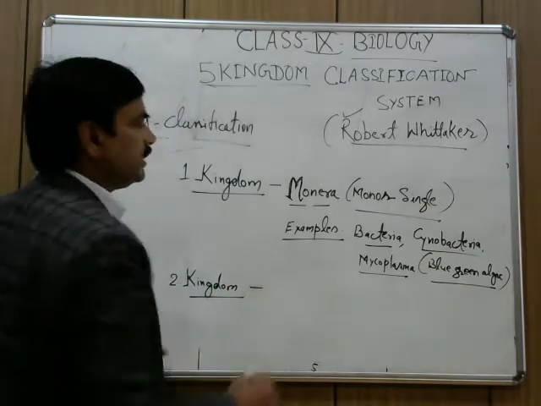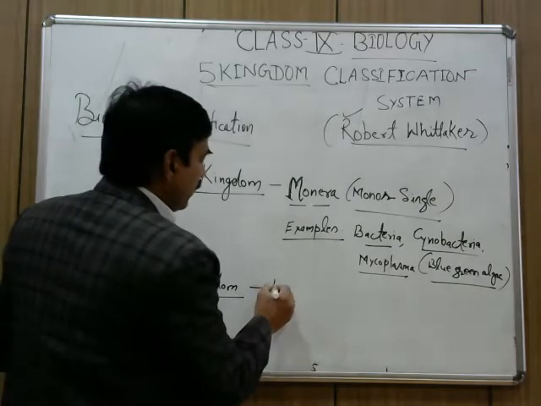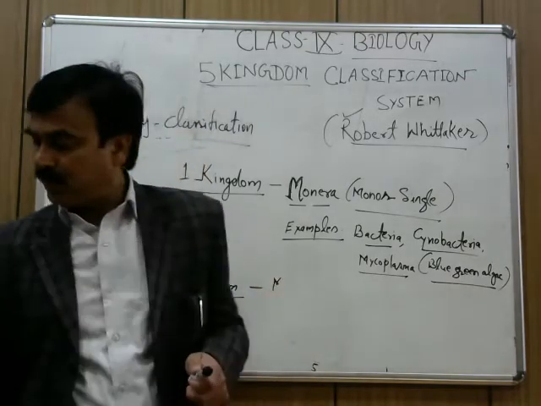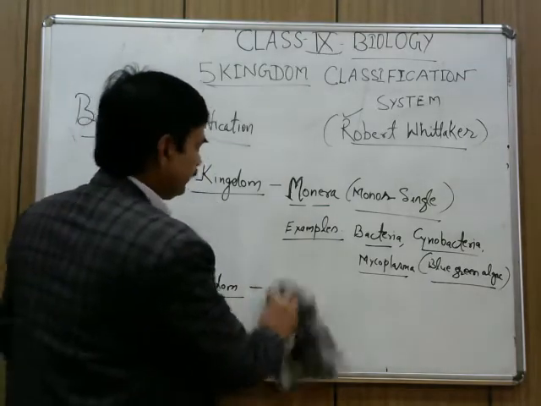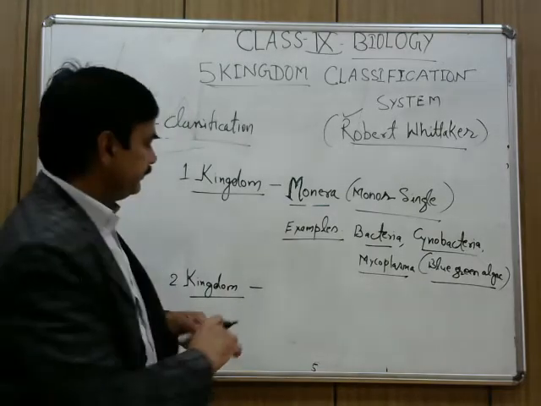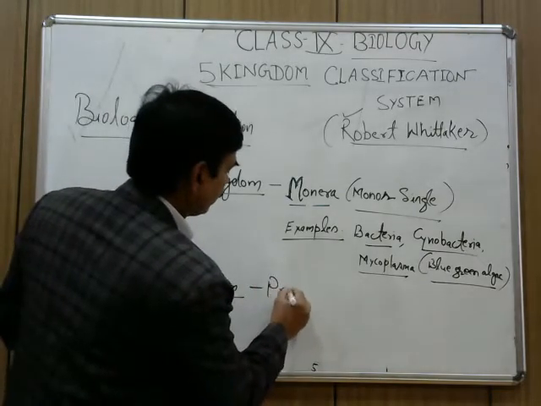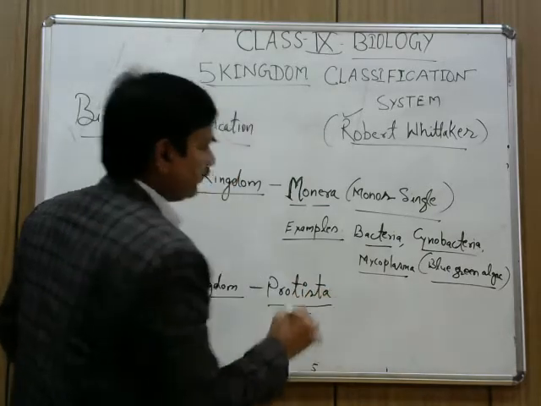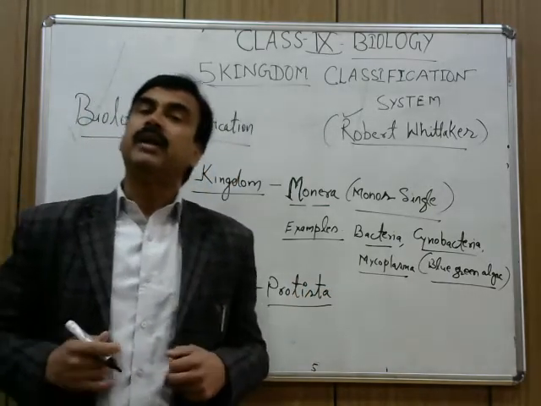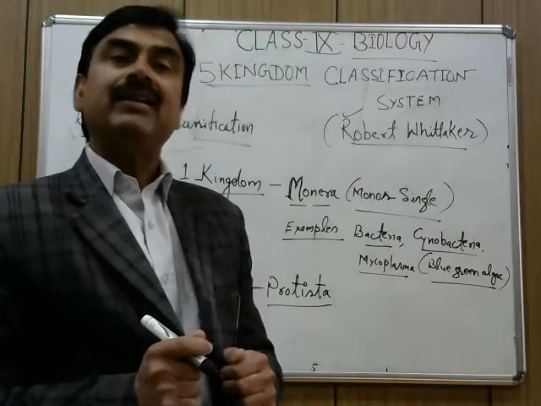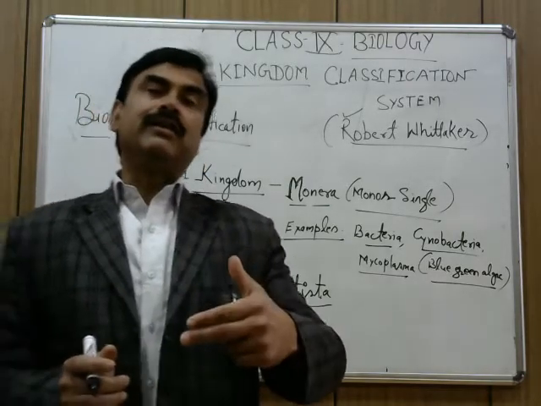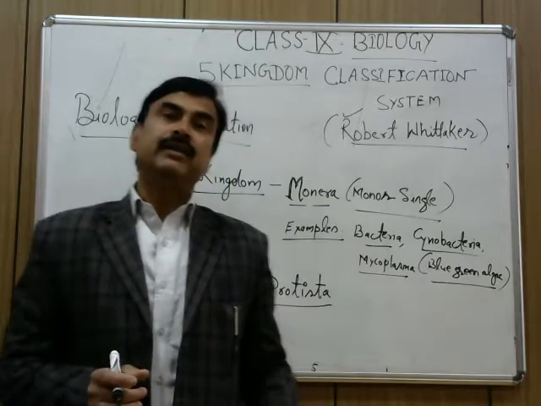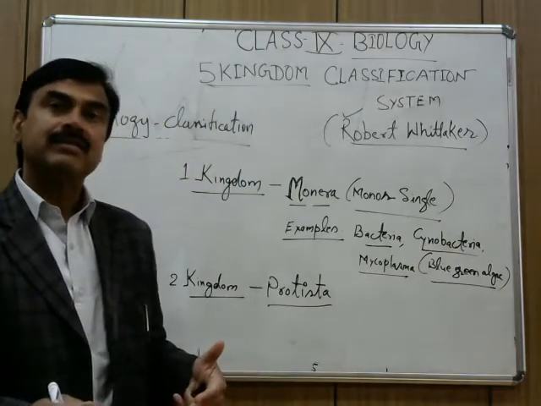The second one is Protista. It includes the protozoa, the first animals.